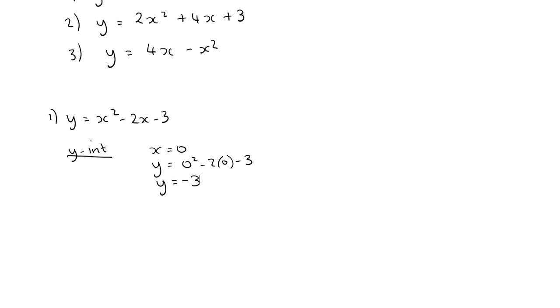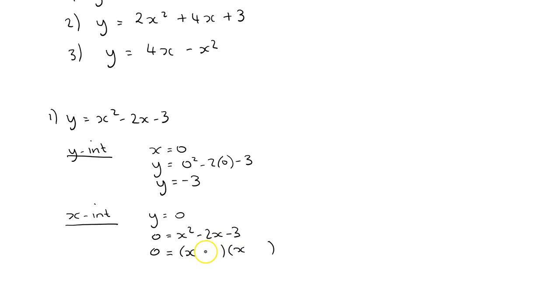The next thing I'm going to work out is the x-intercept. And remember, for the x-intercept, the condition is that y is equal to 0. So I substitute y as 0, so 0 is equal to x squared minus 2x minus 3. I'm going to factorize this, and I can do that again by inspection.